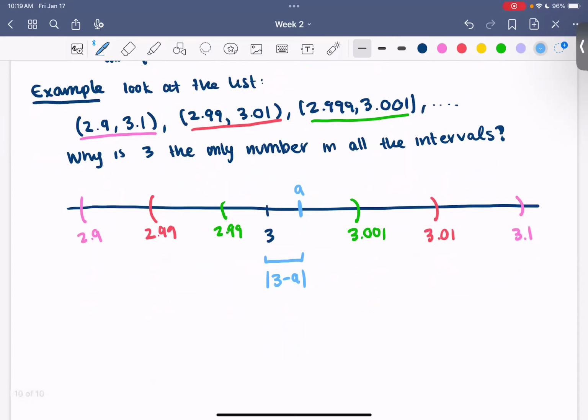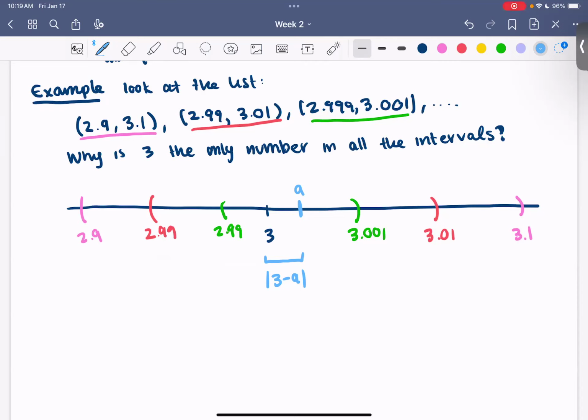To argue this, we could say 3 minus A will have some decimal expansion, right? Say it's non-zero at the 100th decimal. Then if I go out in my list to a place where this right endpoint has 101 decimals, then A will be excluded from that interval.